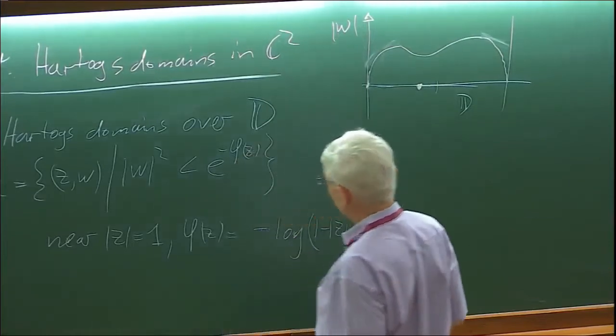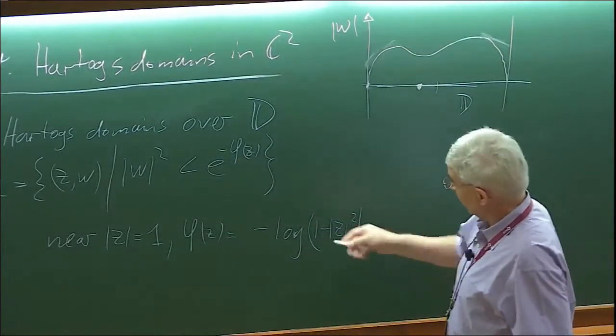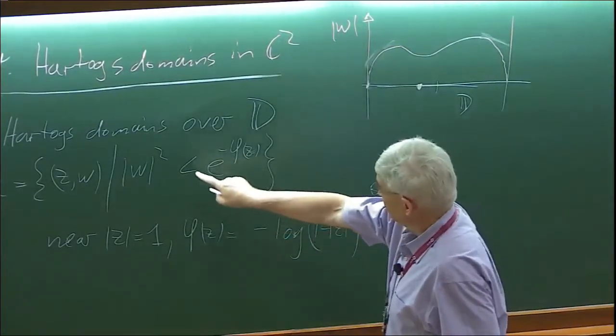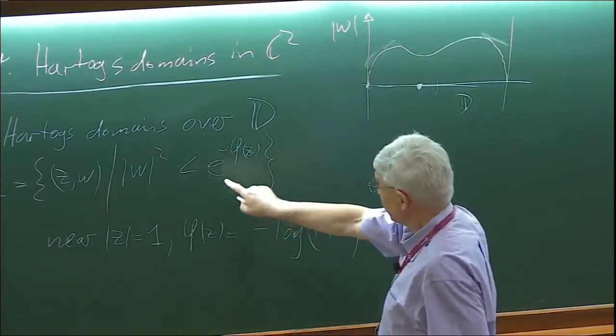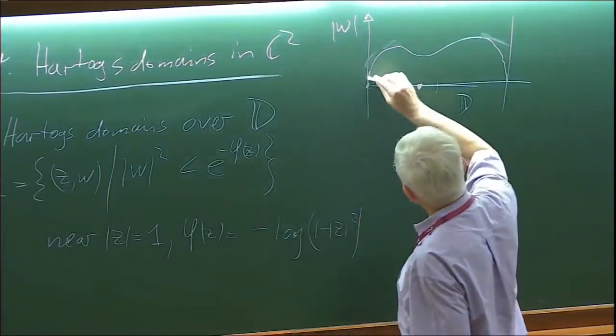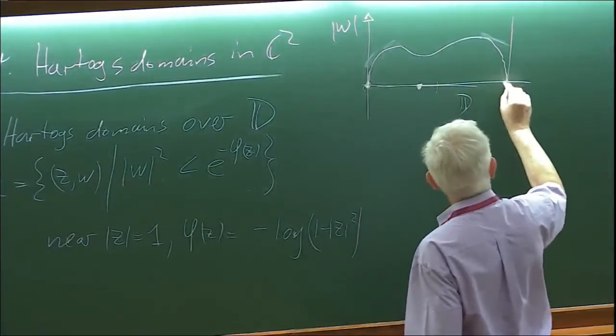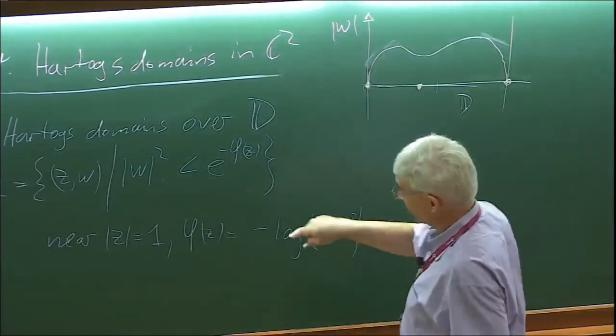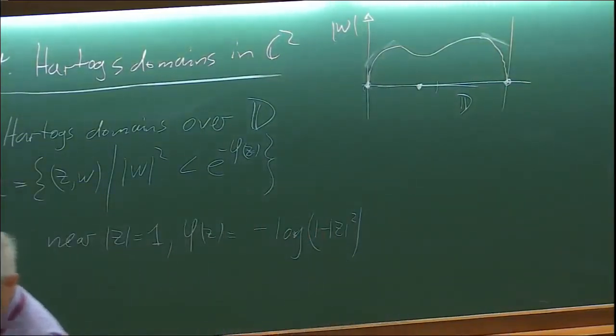Then if you put this in here, you get mod w squared less than 1 minus mod c squared. So down here, where w goes to 0, this is going to look like the unit ball. And it's certainly going to be smooth, and it's going to be strictly pseudoconvex there, because the unit ball is.